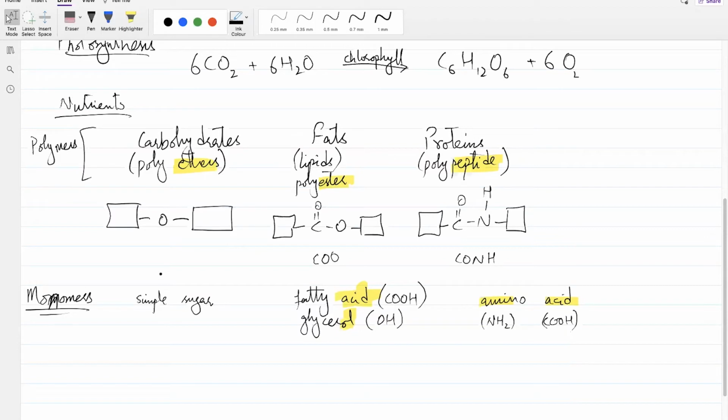ठीक है? Sorry, hydrolysis. आप condensation करते हो तो ये बन जाते हैं और hydrolysis करते हो तो ये टूट जाते हैं. Now, does anybody remember what condensation is? Removal of water. Removal of water or any other simple thing. Okay, and what is hydrolysis?